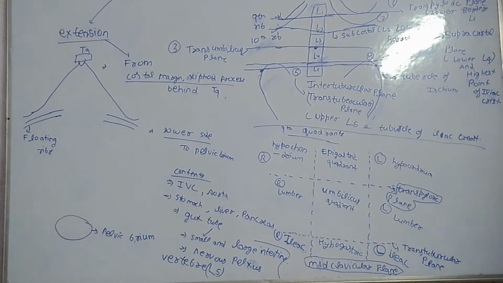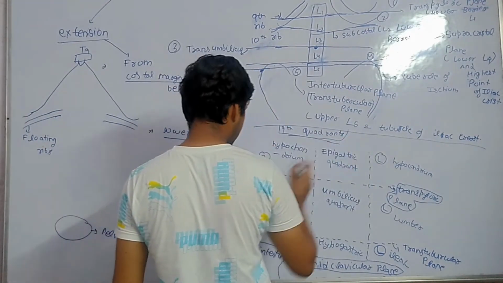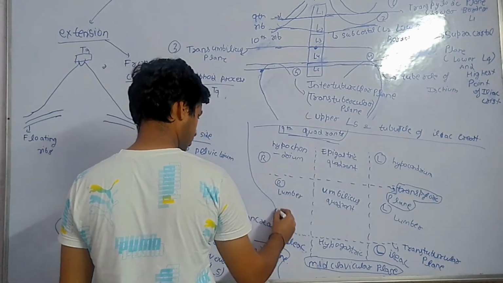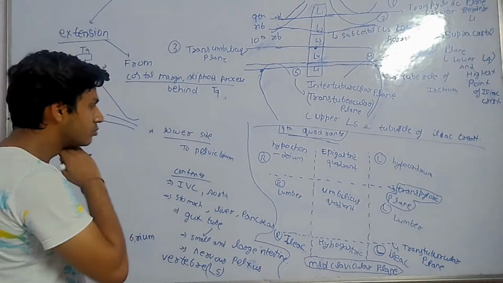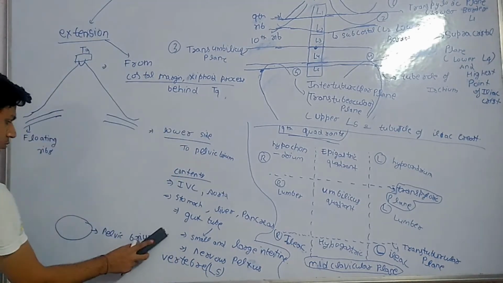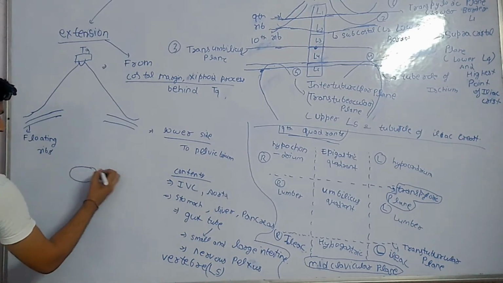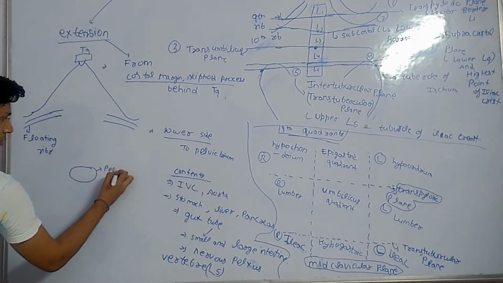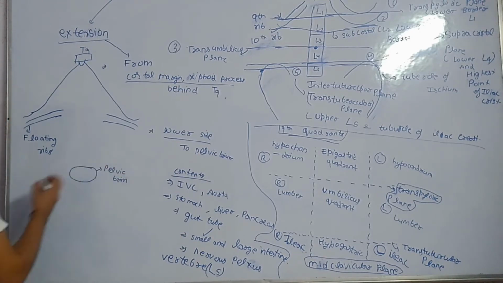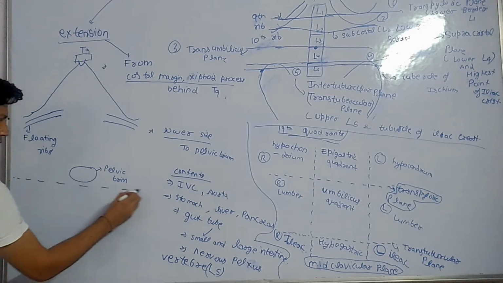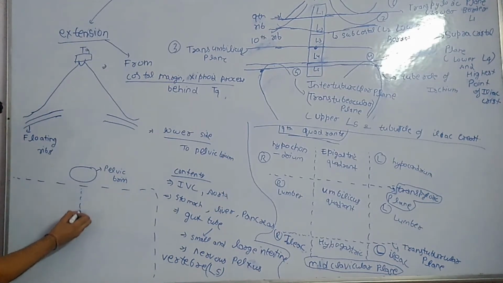Done. So this is the first method of division into quadrants. But here is the second method, division into 4 quadrants. Let's say this is the first plane.